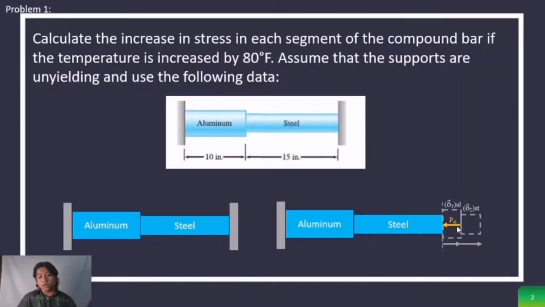So, internal forces of aluminum, P sub aluminum. So, in this area is the normal deformation of aluminum. Also, in the steel, this is its internal force. And in this area is the normal deformation of the steel.